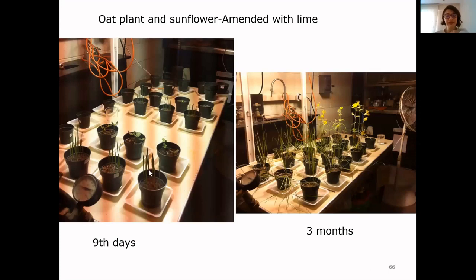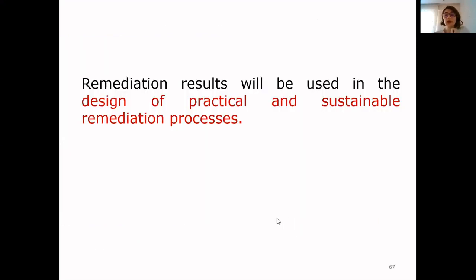Because of that, at first they started to germinate, and after that they all died. After that we amended with lime, and then they survived, germinated, and grew. After 3 months we harvested them. I hope the remediation results will be used in the design of a practical and sustainable remediation process.